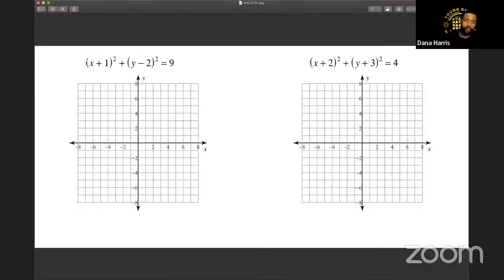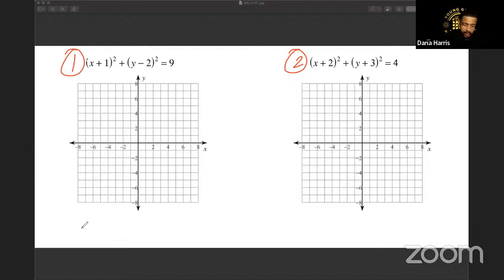And for this, I want to graph this circle given the information that you see up there. So as you can see, let's label this number 1 and number 2. So number 1, I have x plus 1 squared plus y minus 2 squared equals 9.